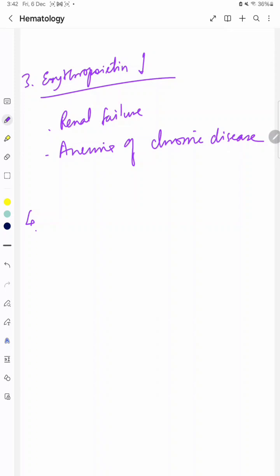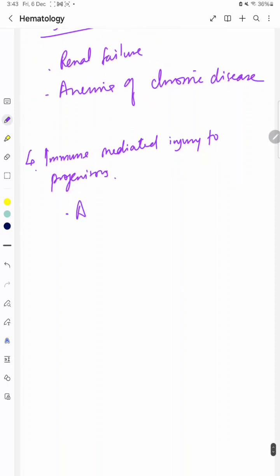Immune mediated injury of progenitors of erythrocytes can also result in decreased RBC production, that is immune mediated injury to progenitors, which is seen in aplastic anemia or in pure red cell aplasia.